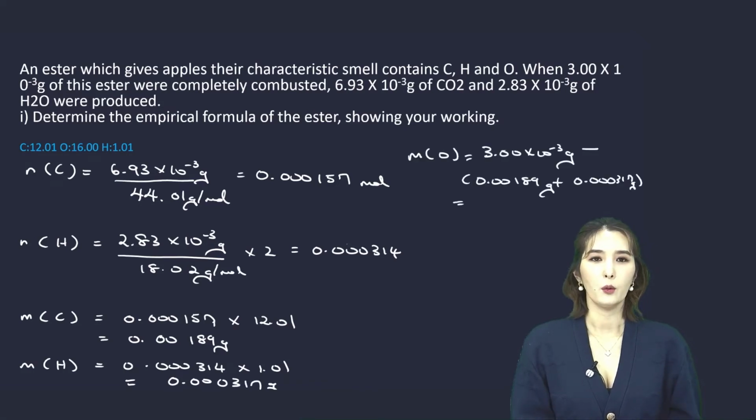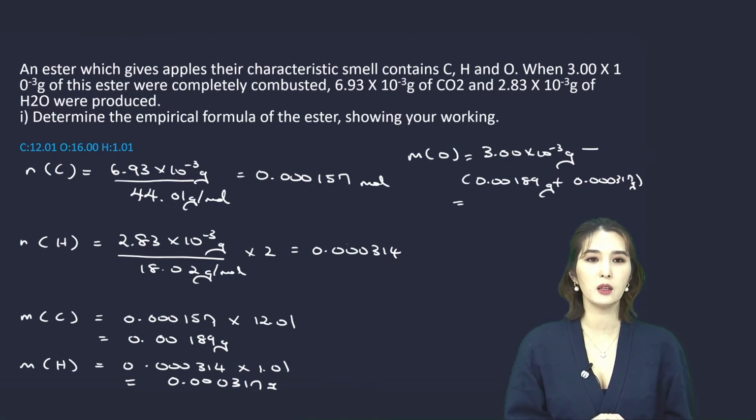Now, with the mass of carbon and hydrogen found, we can then calculate the mass of oxygen by subtracting the mass of carbon and hydrogen, 0.00189 and 0.000317, from the mass given, which was 3.00 times 10 to the power minus 3.